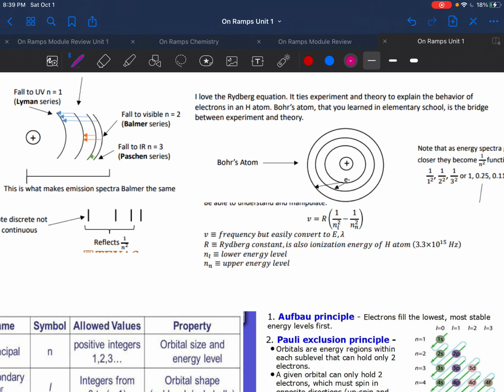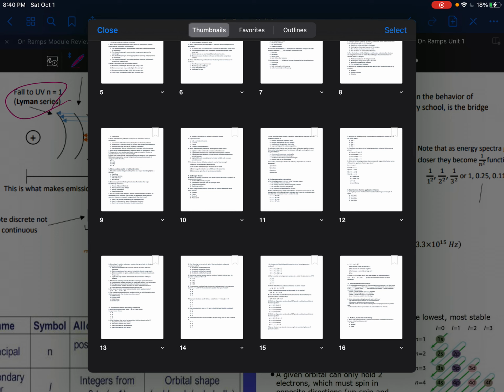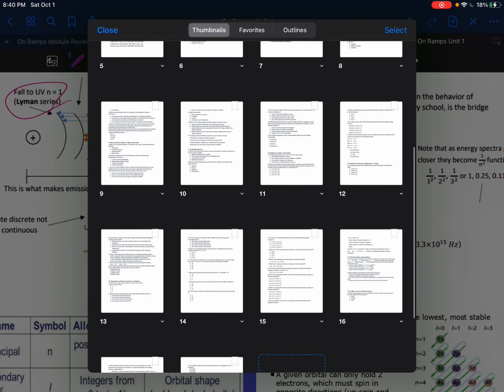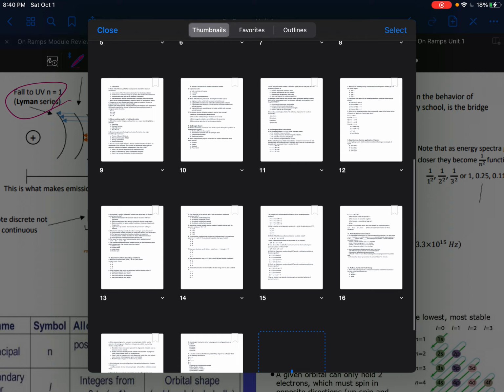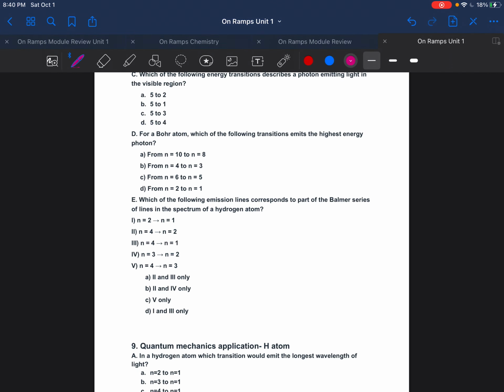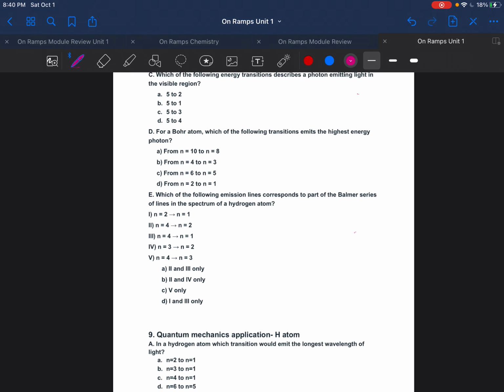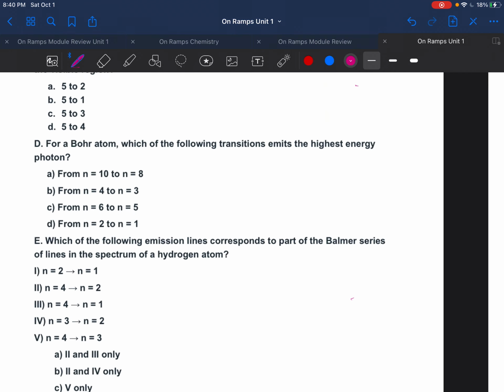N equals 1 is UV and the Lyman series. N equals 2 is visible and Balmer. N equals 3 is Paschen. So you'll be able to do all of those, C, E, with that information.